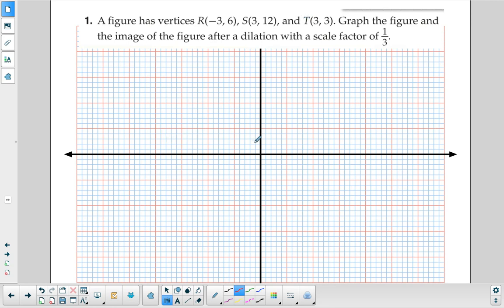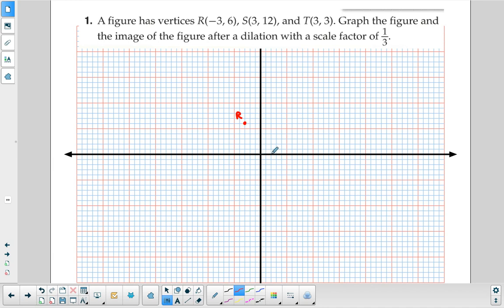I'm going to go ahead and plot each of those points. So we have -3, 6. So 2, 4, 6. So here we have point R. And then we have S at 3, 12.